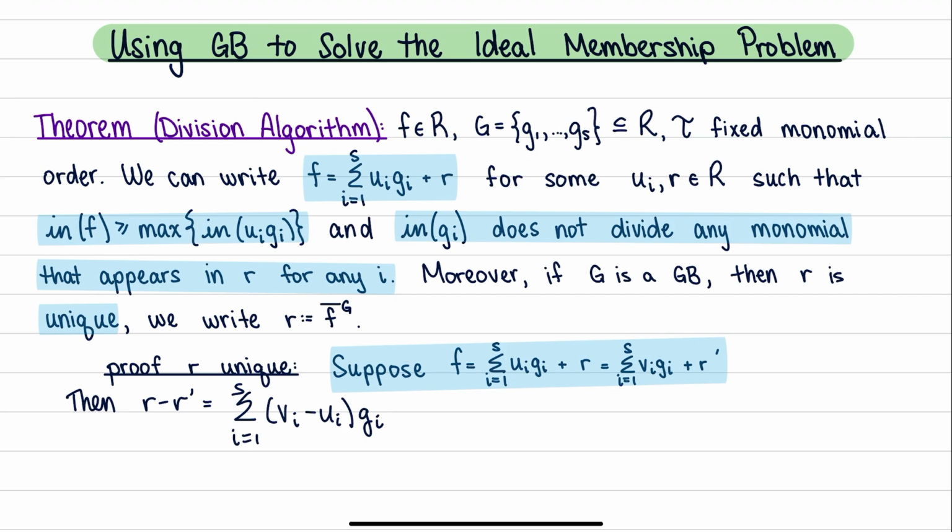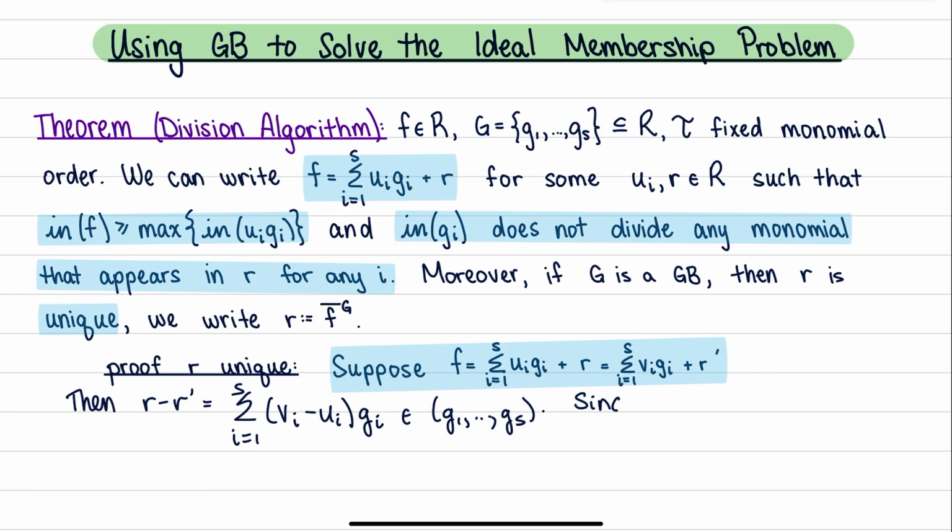When I have the sums on the same side of the equal sign, I can combine them together. And this is clearly an element of the ideal generated by the g_i's.